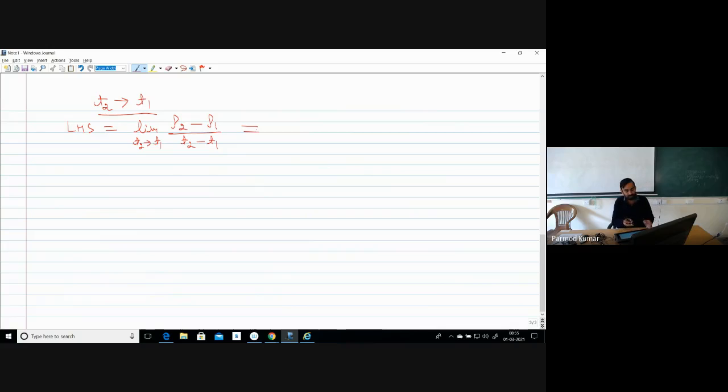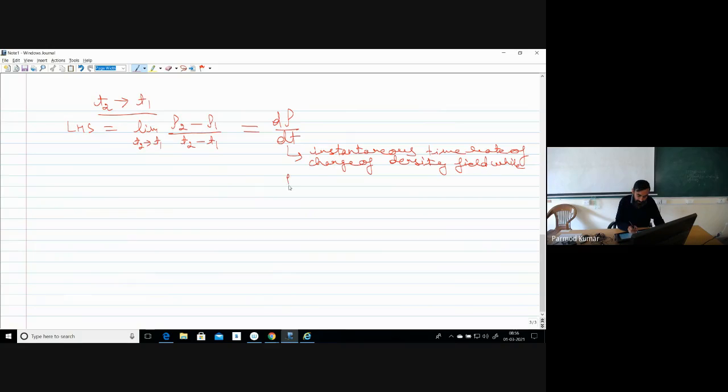When we are limiting T2 to T1, it becomes nothing but d rho by dt, which will be the instantaneous time rate of change of density field while the fluid element is passing through location 1.